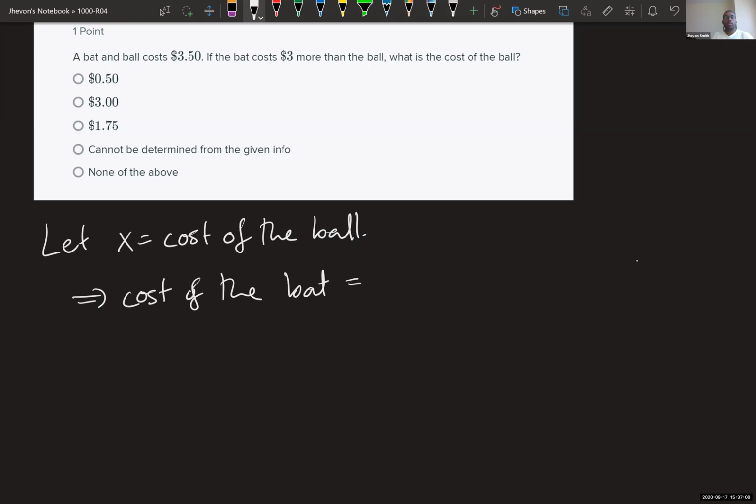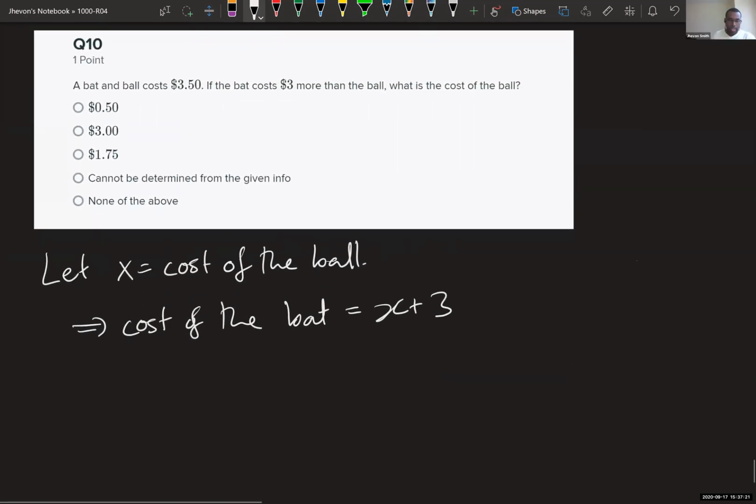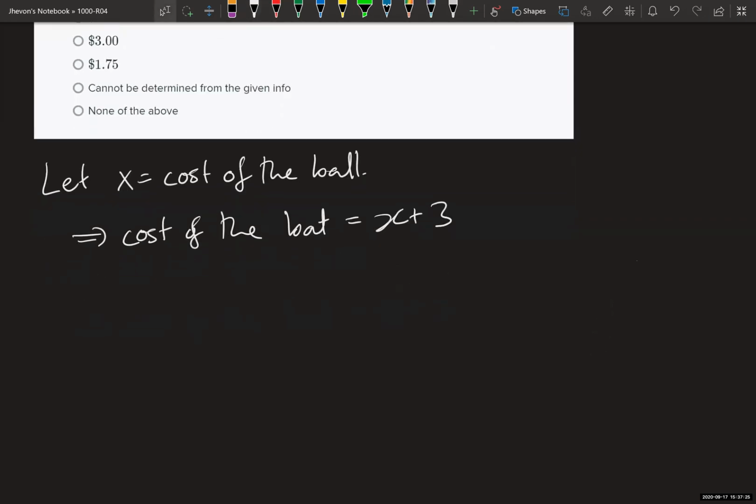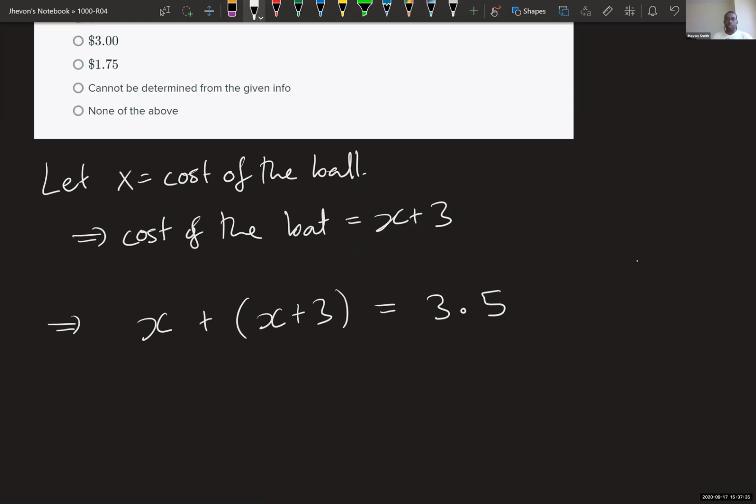What would that be? X plus 300. X plus 3, right? Or cents. Yeah, but all the answer choices are in dollars, so I'd probably keep things in dollars. Okay. And so this means that x plus (x plus 3) is 3.50. So that's like your x plus y equals 3.5. And at this point, you just solve for x.